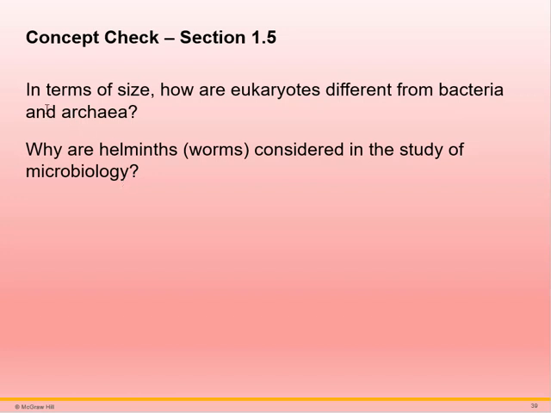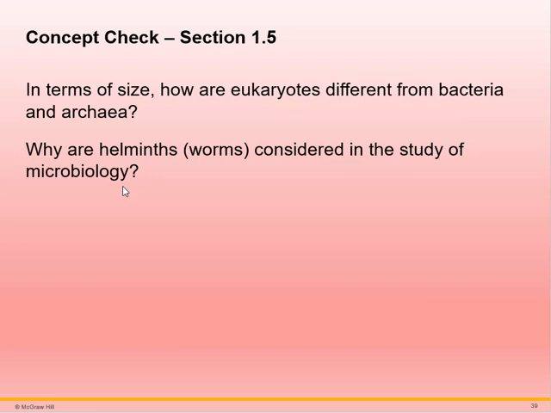All right, so in terms of size, how are eukaryotes different from bacteria and archaea? Eukaryotes are 10 times bigger than the bacteria and the archaea. And why are helminths considered part of the study of microbiology, even though they're multicellular and huge compared to bacteria and viruses?